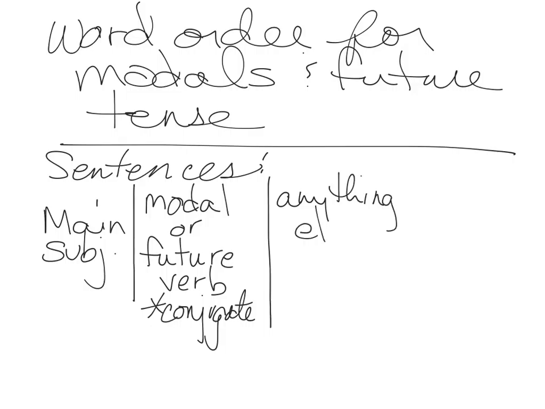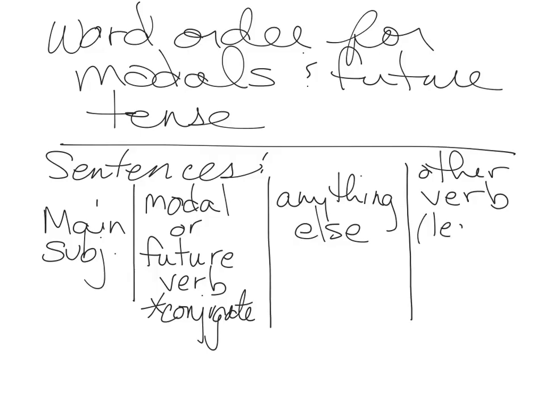That could be a time, it could be a place. And then you have your other verb, if there is one. But that one you leave alone, you don't conjugate it at all. And that's called the infinitive.